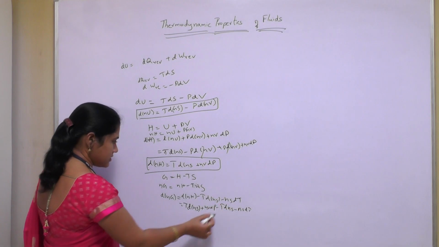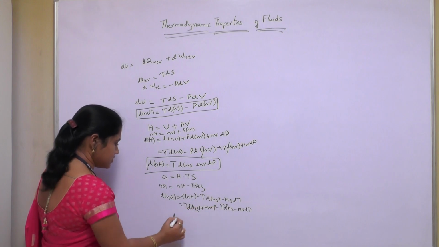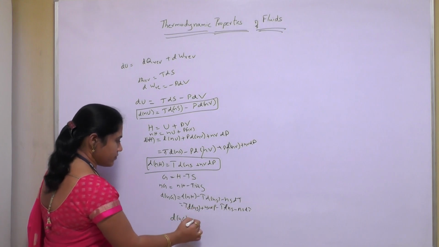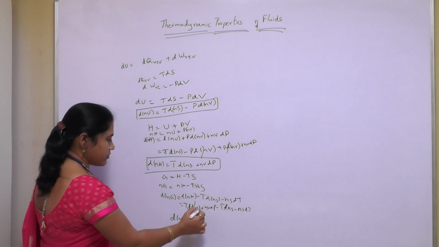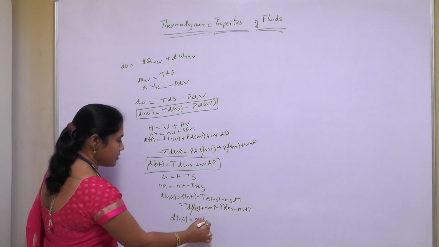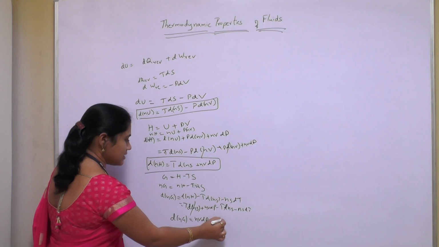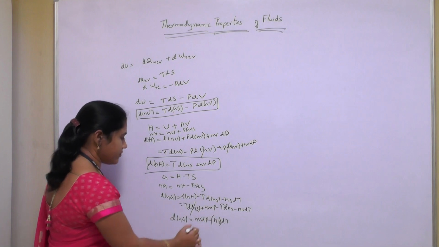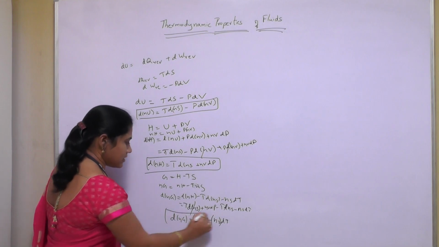So T d(nS) and T d(nS) get cancelled. So d(nG) equals nV dP minus nS dT. So this is for the Gibbs free energy.